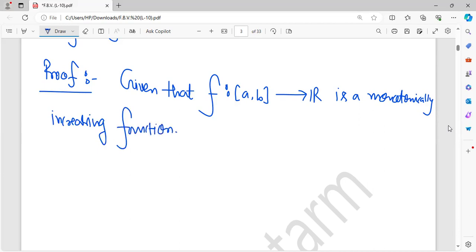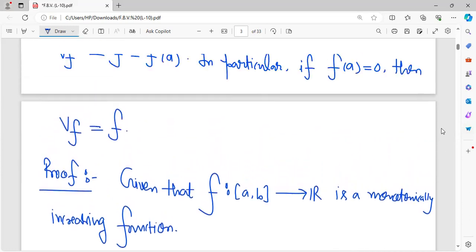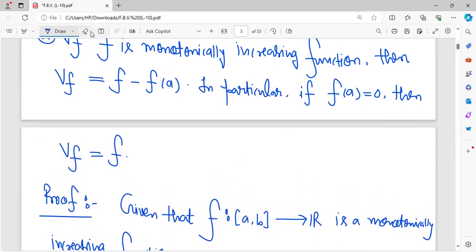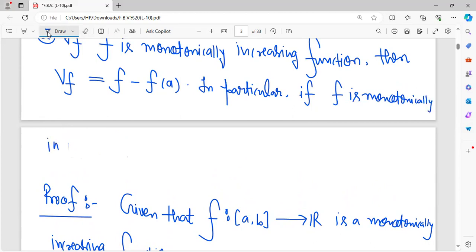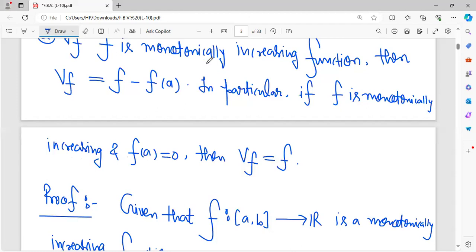So in this property, you write: if f is monotonically increasing and f(a) is equal to 0, then V_f is nothing but f. That is what we are asking.